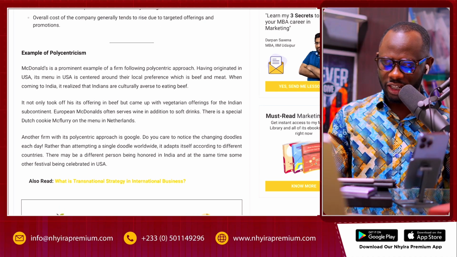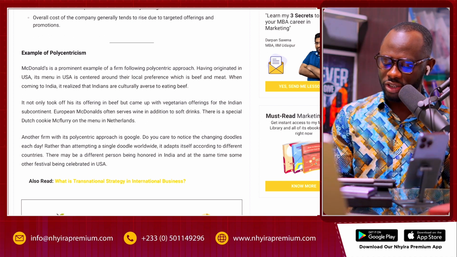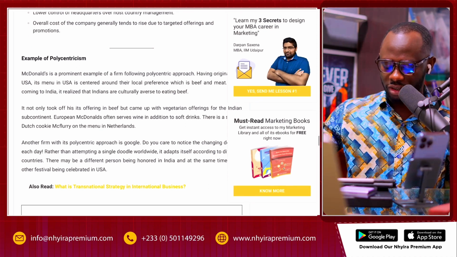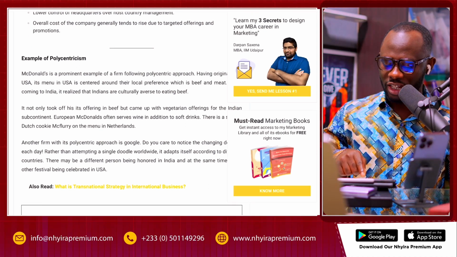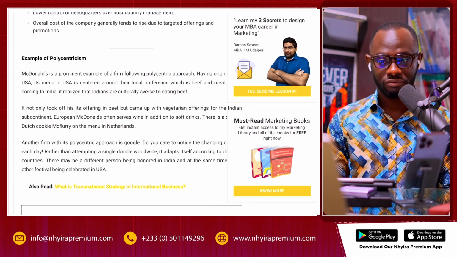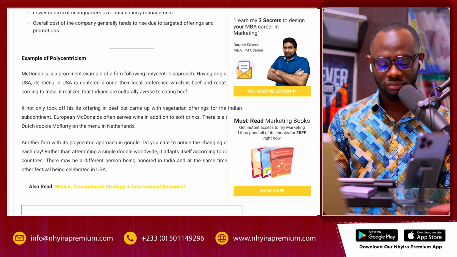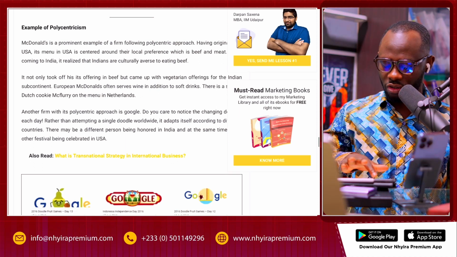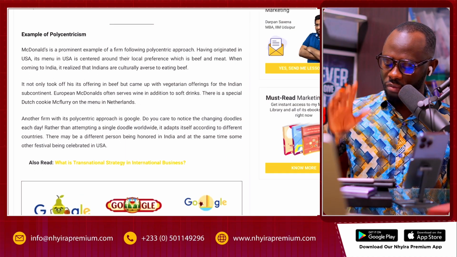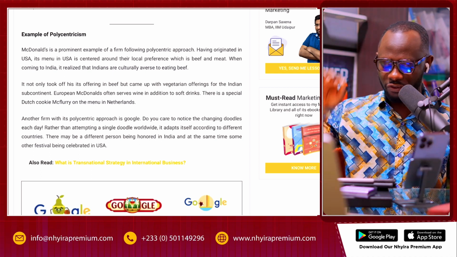Having originated in the US, its menu there is centered around local preference, which is beef and meat. When coming to India, it realized that Indians are culturally averse to eating beef. It not only took off its beef offering, but also came up with a vegetarian offering for the Indian subcontinent.